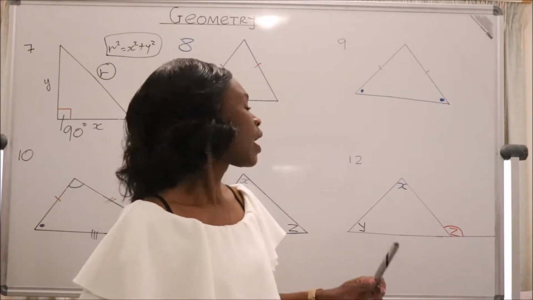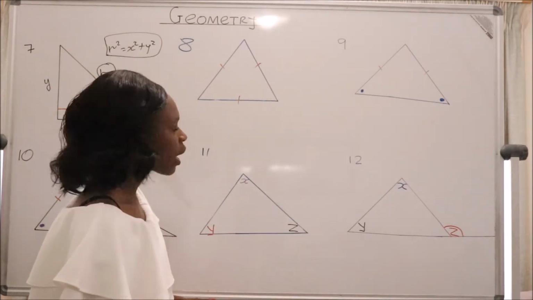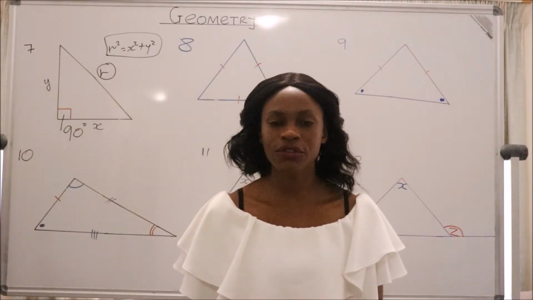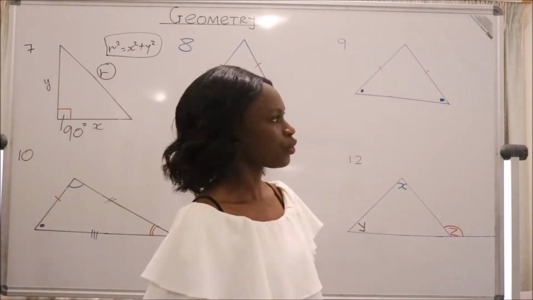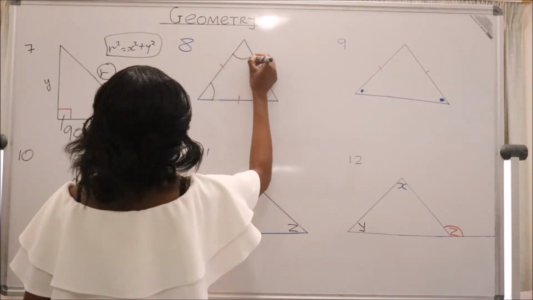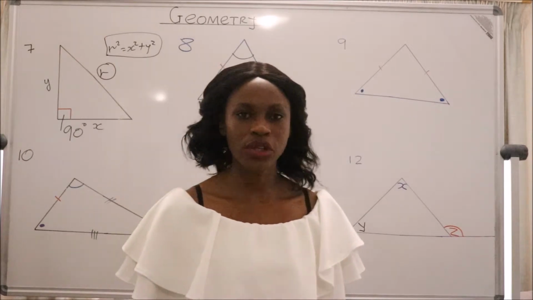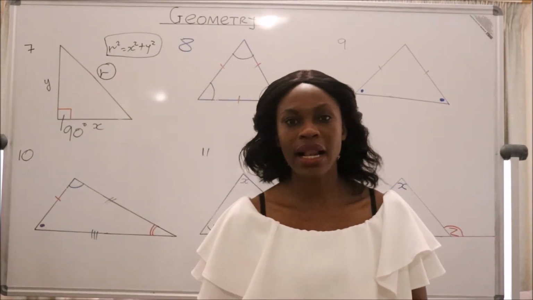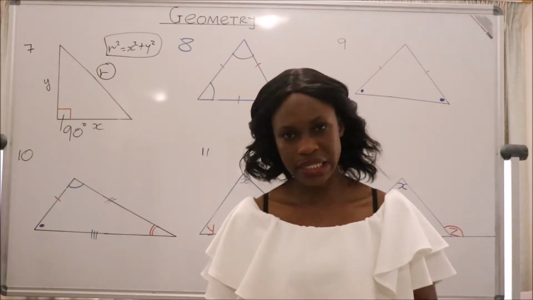And also, if the sides of the triangle are equal to each other, that tells you that the opposite angles of those sides are also equal to each other. That means that this angle and this angle and that angle are also equal to each other. And also mind you that the angles of a triangle must add up to 180 degrees.